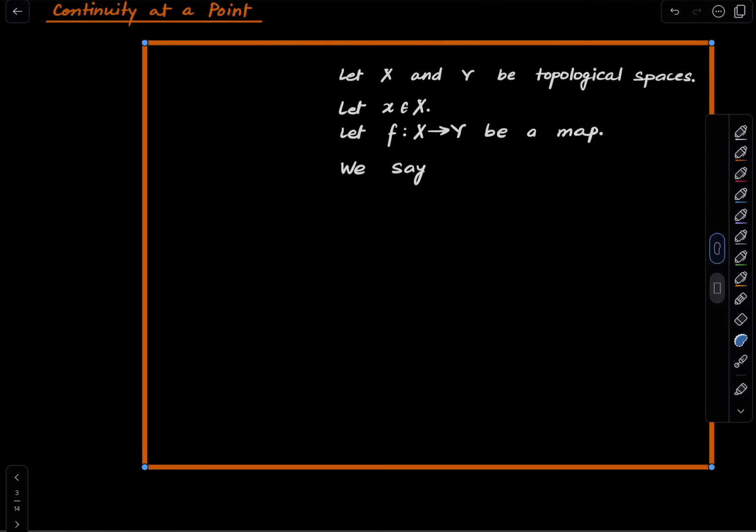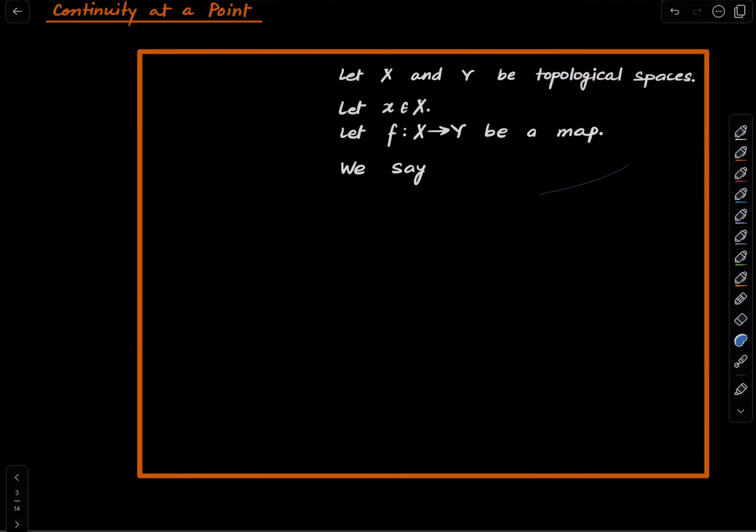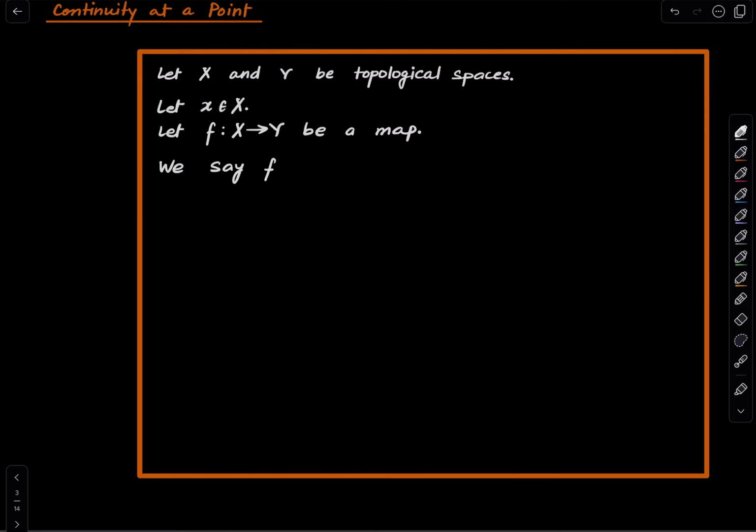I mean, there was no need for this box, but I like to have this box around. So we say f is continuous at x if, so I'll write something down, but first let me explain via pictures.